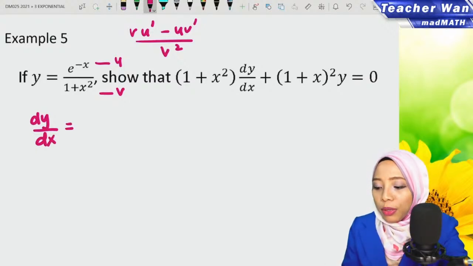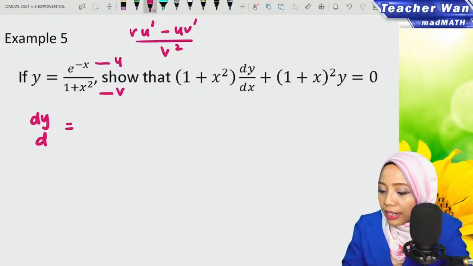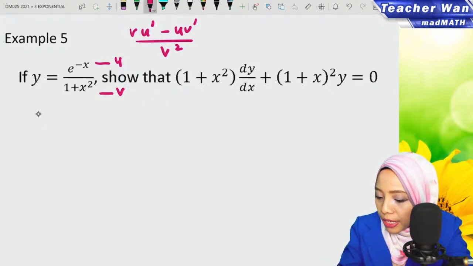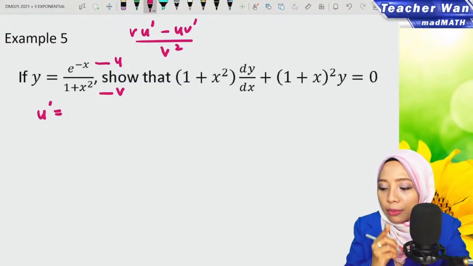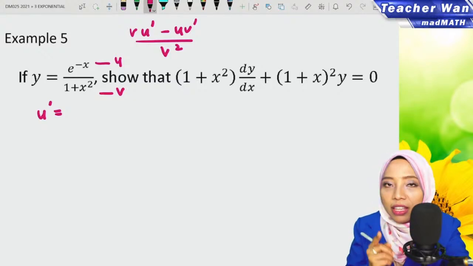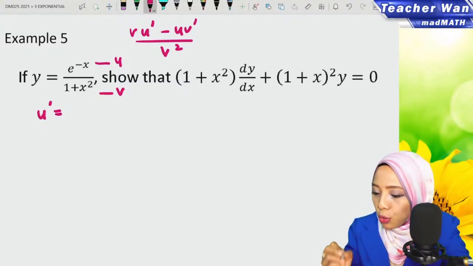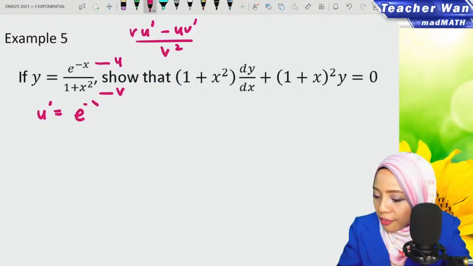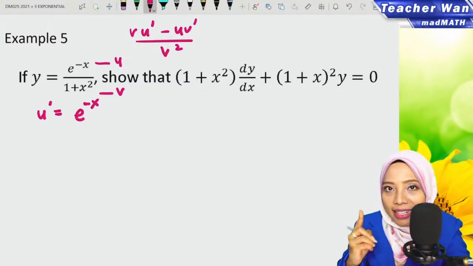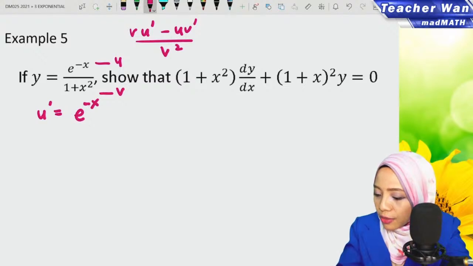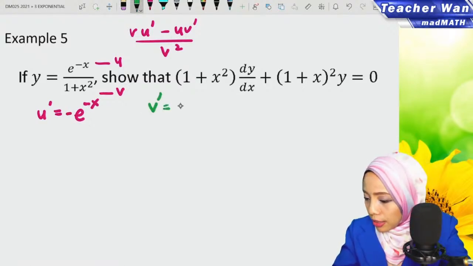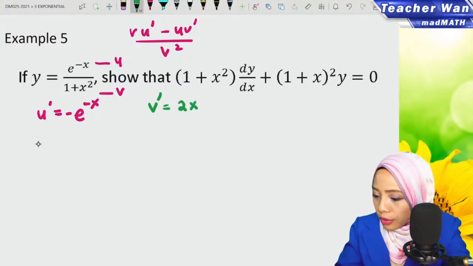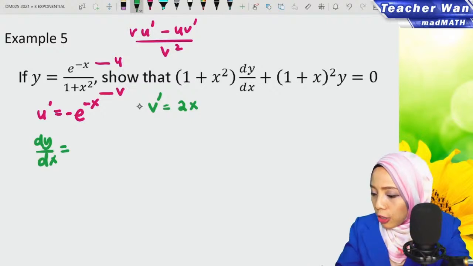Before we do dy over dx, better we write down the U first, so that you won't get it wrong, because there are marks for finding the derivative of U and V. So U prime is e to the negative x. Differentiate negative x, we get negative. And then V prime is 2x.